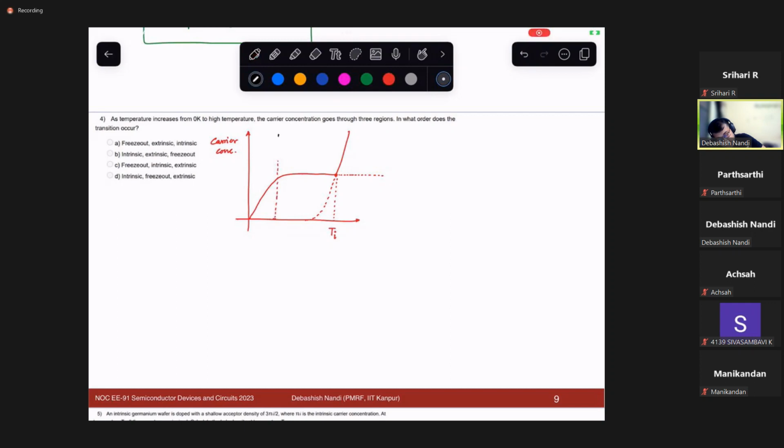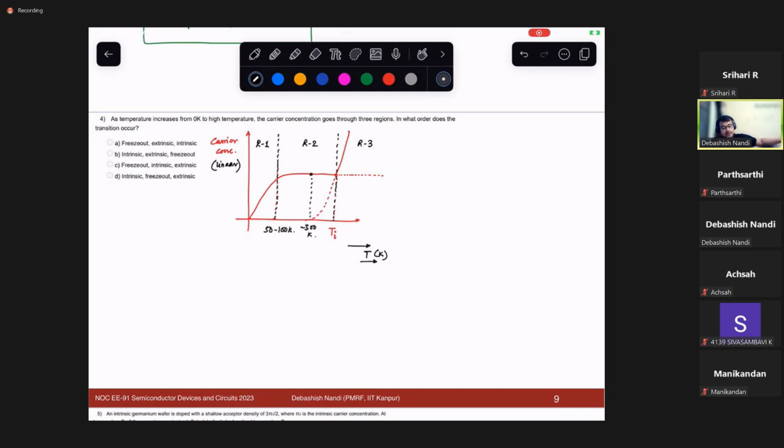So this is one graph. This is region 1, region 2, region 3. This axis is T in Kelvin, and this is carrier concentration in linear scale. This is around 50 to 100 Kelvin, and this point is somewhere around 300 Kelvin, your room temperature.